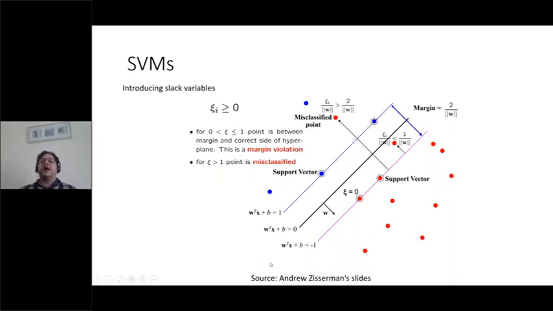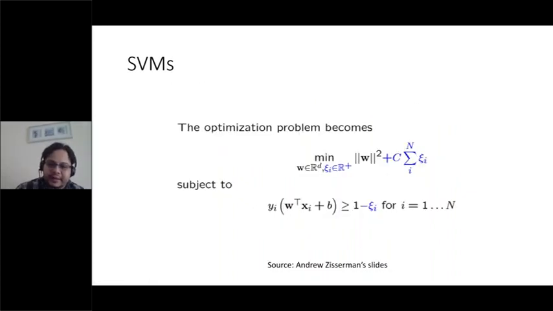So what the hyperplane will do is compromise between finding the maximum margin and minimizing the errors. There is a compromise between the two. When it minimizes this, it is trying to find the maximum margin, but at the same time, this error will drag this value.